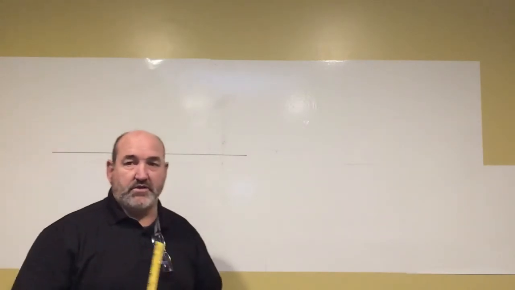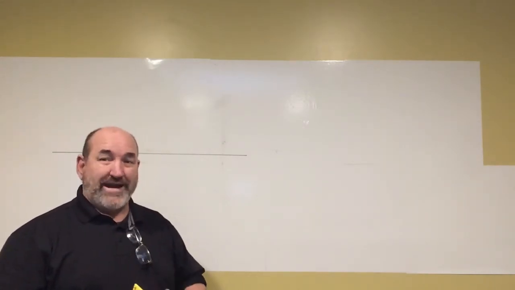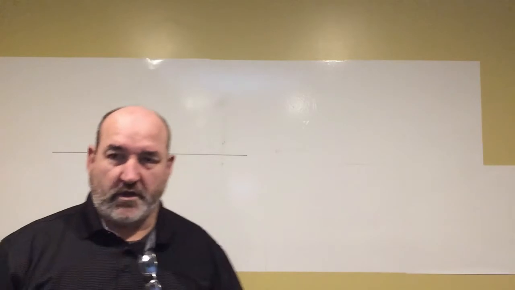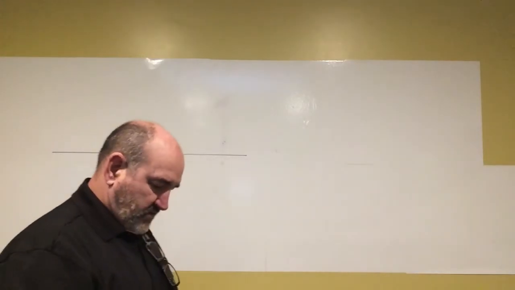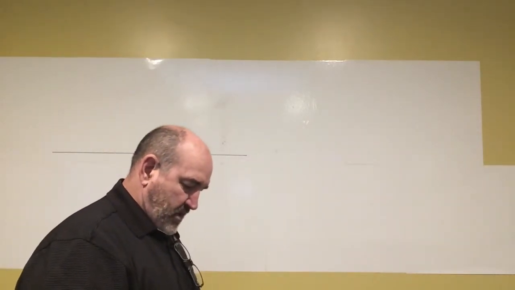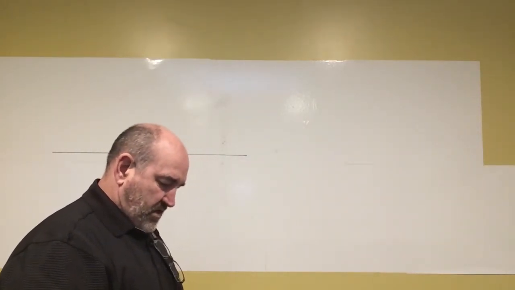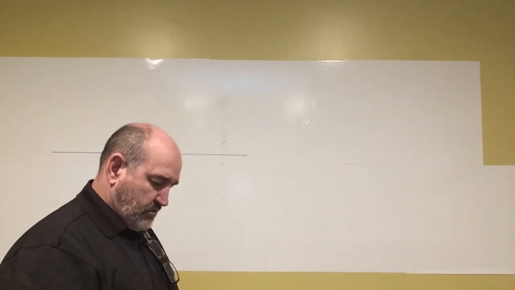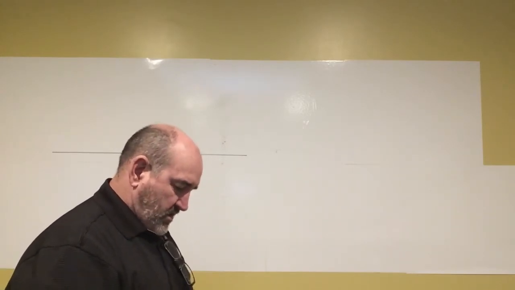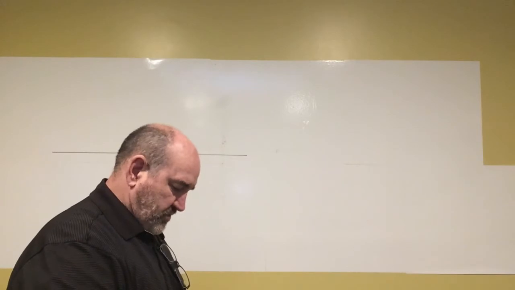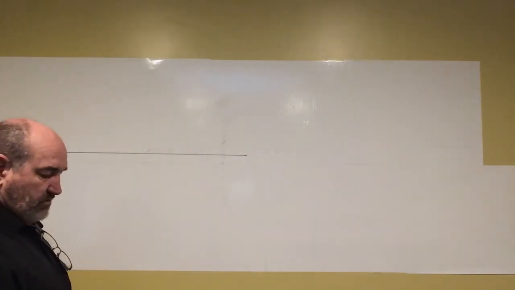Okay, so with this straight line, the idea of this lab is to produce a right angle with a compass. So the idea here is to figure out a way to do a right angle. We have to have a perpendicular line to this line here.